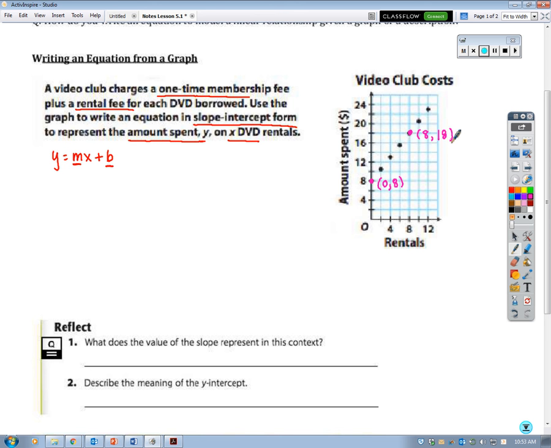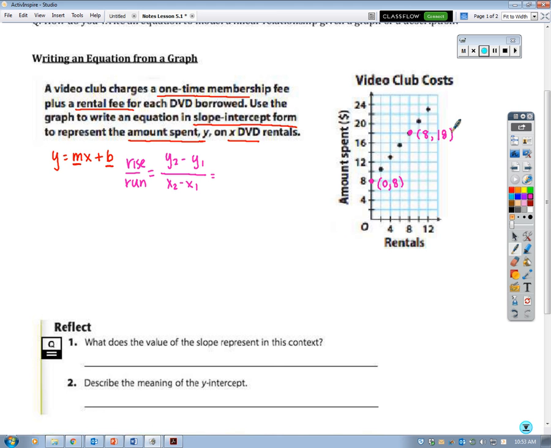And I'm going to find my slope by finding my change in y over my change in x, okay? So you can use that 2-point form, the y2 minus y1 over x2 minus x1, right? And remember, this is our rise over our run. And I'm going to plug those in.